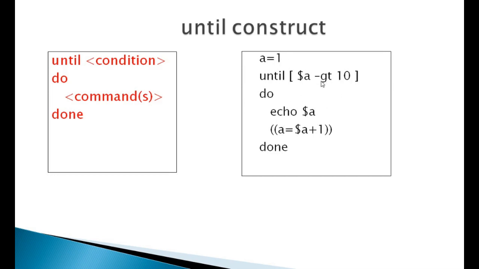So once you enter here, the loop is entered, a is 1 and a is not greater than 10. So the condition is false, so control will come into the loop. These two statements will be repeatedly executed till a becomes greater than 10. That means when it is equal to 11, the control comes out of that. So here, until this becomes true, these statements will be repeatedly executed.